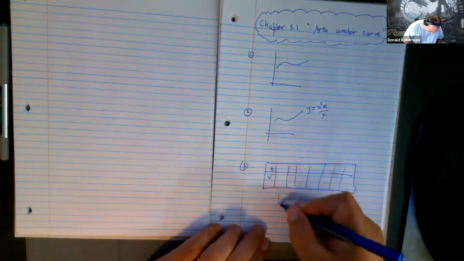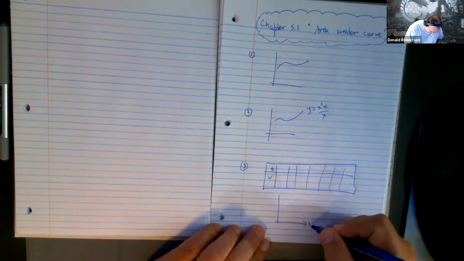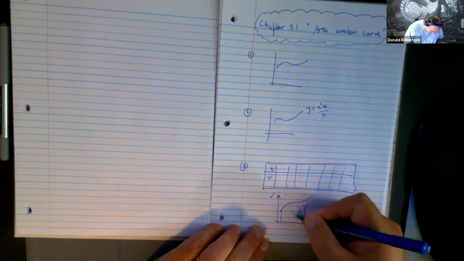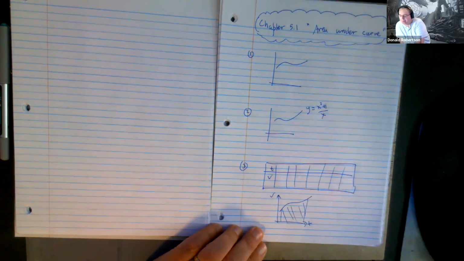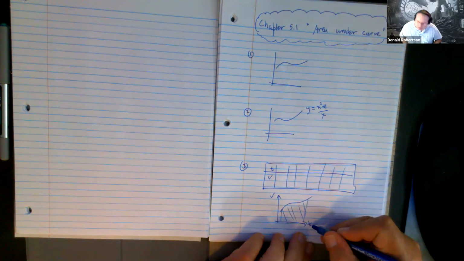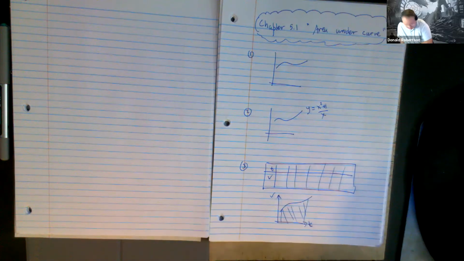For instance, if this was time against velocity, does anybody know what the area under a time velocity curve is? What does it represent? Yes.